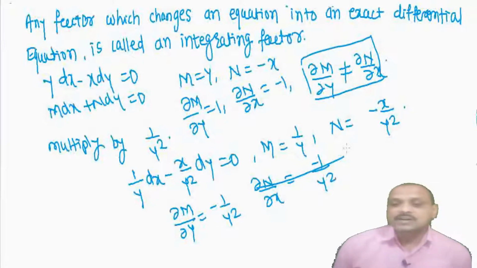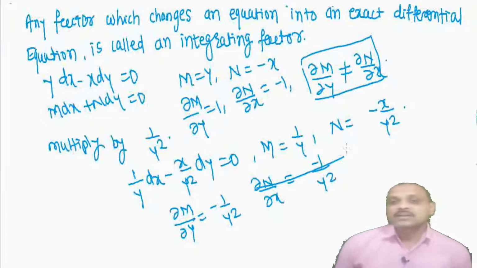Now how have I decided to multiply by 1 divided by y square? This is a method of practice. By practice we can decide, or we can choose a term which, when multiplied to the given equation, gives us an exact differential equation.